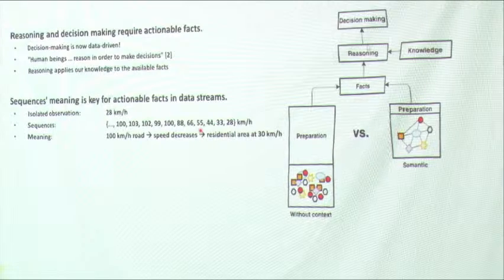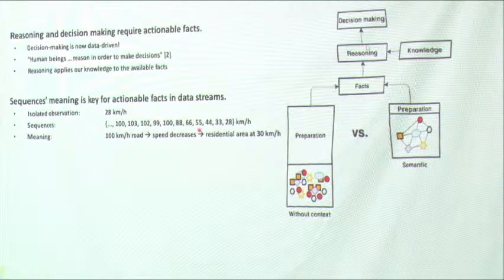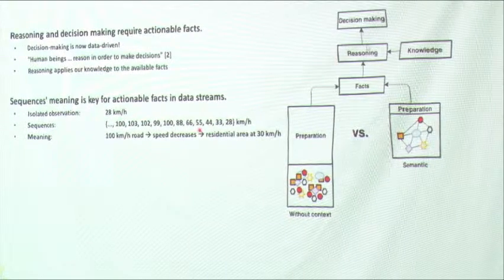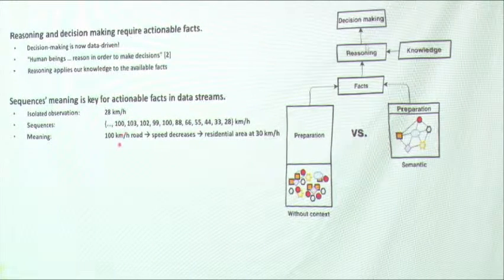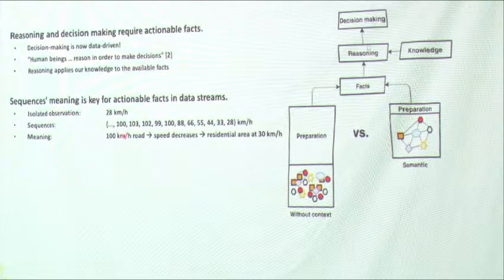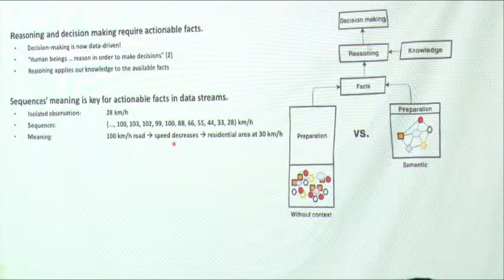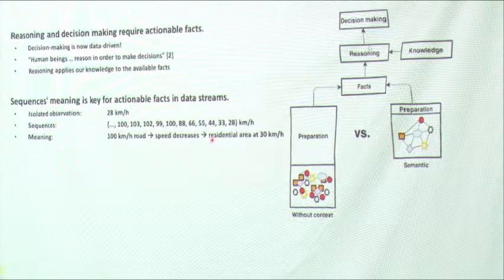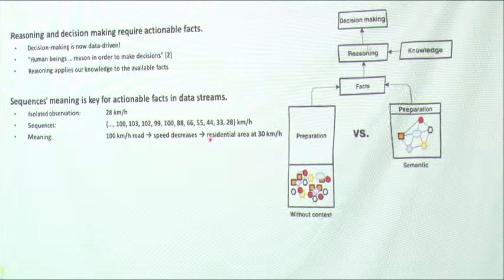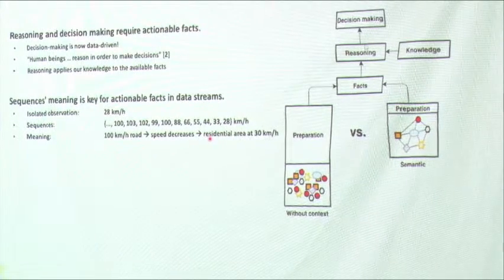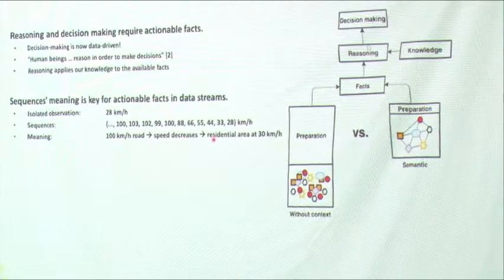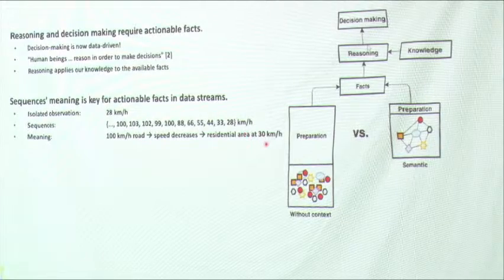So, instead of having a sequence, you may have the actual meaning of this data, which says there is a car moving on a road whose speed is 100 kilometers per hour, and then the speed decreases, and then probably the car is entering a residential area at 30 kilometers per hour. So again, the meaning of the sequence is important, and this is the argument for this paper.